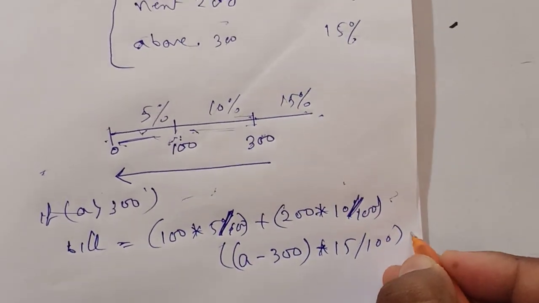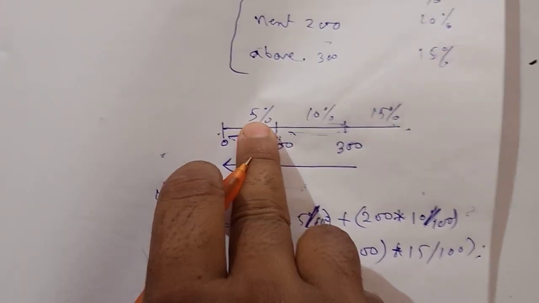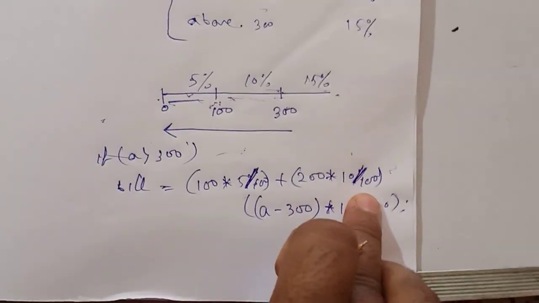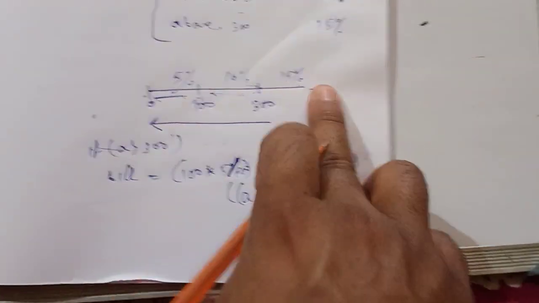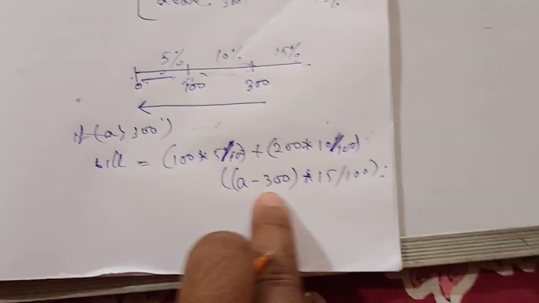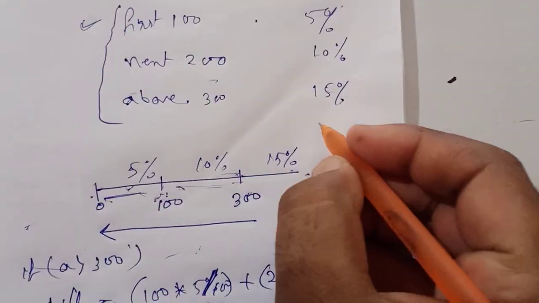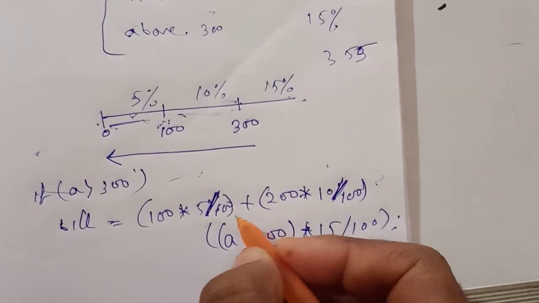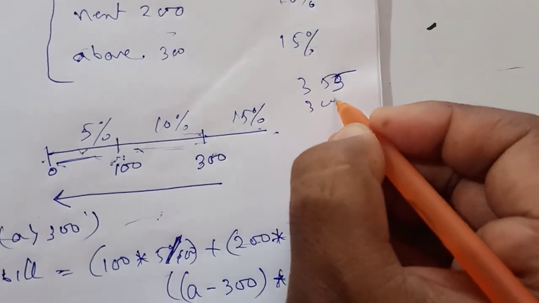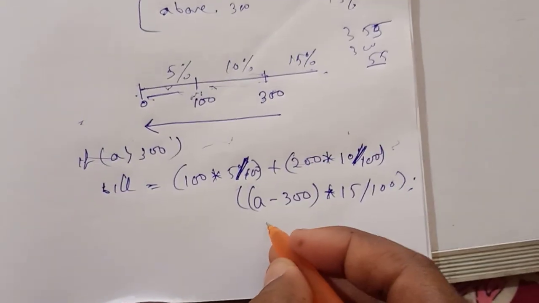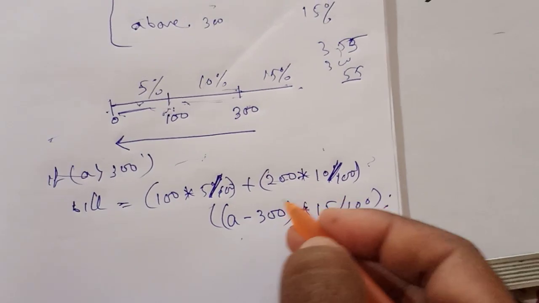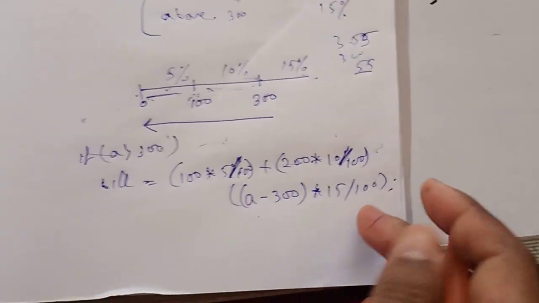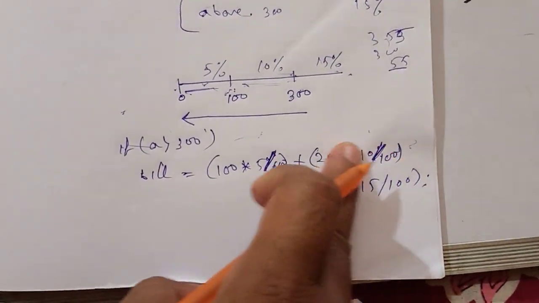This is the calculation you will do. So first 100 at 5% is 5, next 200 into 10%, and the remaining extra after 300. Suppose a is 355, you already covered 300 according to these two, so you get only 55, so 55 into 15%. This is the way you do the calculation.